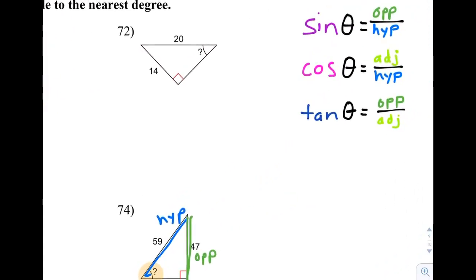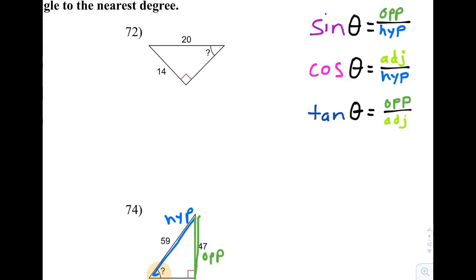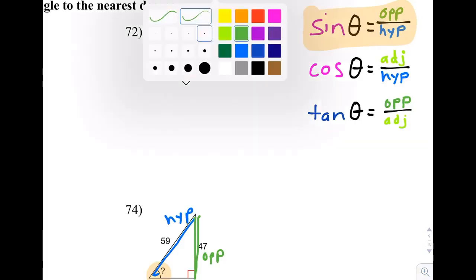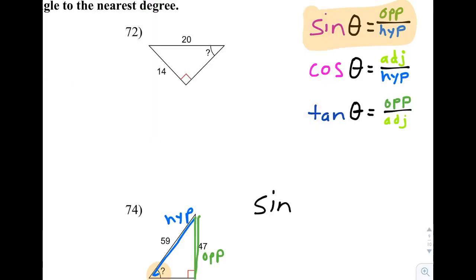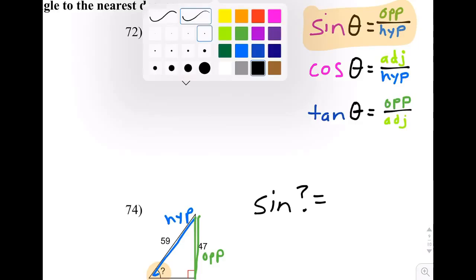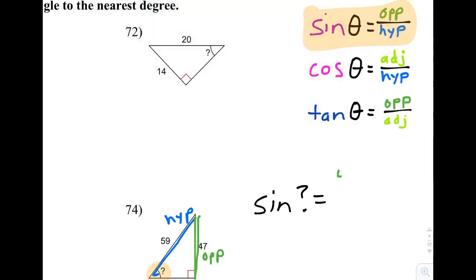Looking over at our table, opposite and hypotenuse are used right here with the sine function. So let's write ourselves a sine function. Sine of our unknown angle, question mark, is equal to opposite of 47 over hypotenuse of 59.